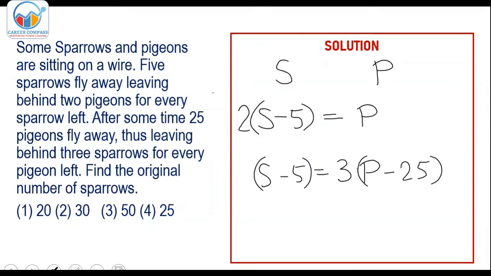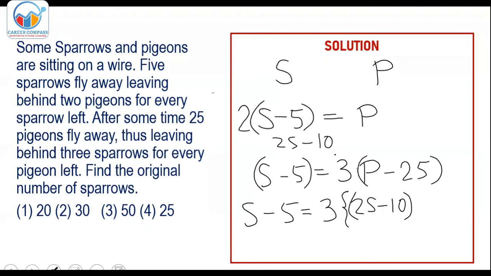So now they want you to find out the number of sparrows, which means all you can do is that in the second equation, if you replace P by 2s minus 10, because this will be 2s minus 10, that is the number of pigeons. So I replaced P by 2s minus 10, and hence it may look little simpler, little fast.